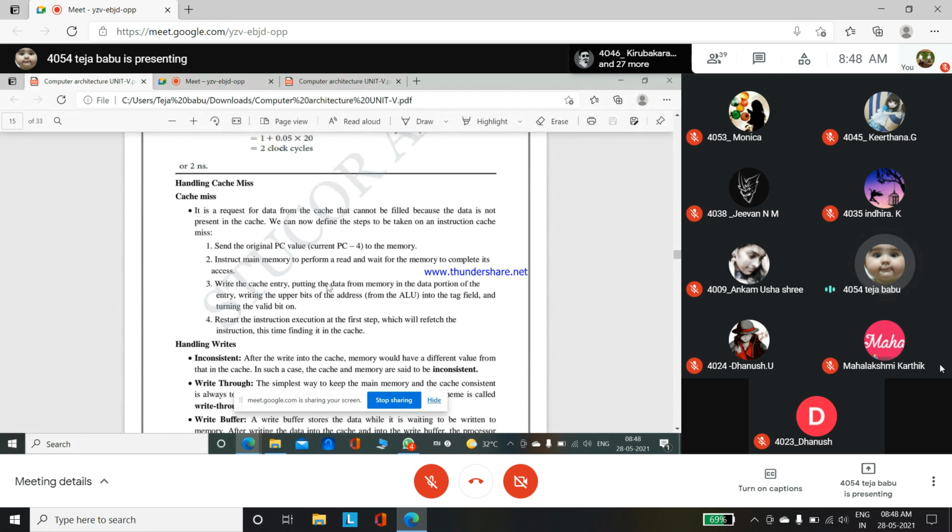Then write the cache entry, putting the data from the memory in the data portion of the entry, writing the upper bits of the address into the tag field and turning the valid bit on.